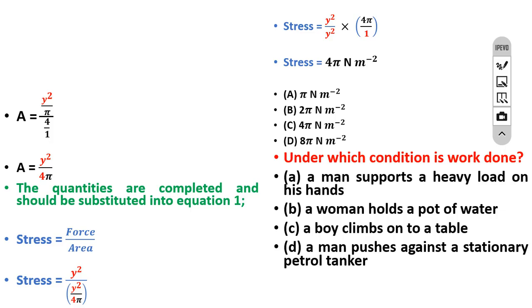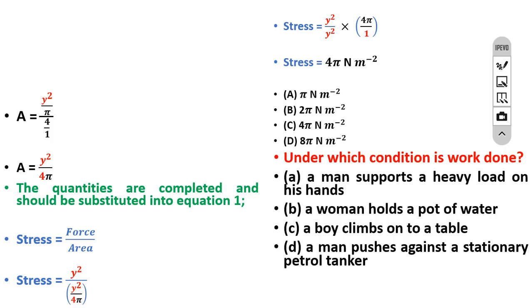A boy climbs on to a table. A boy climbing on a table, he has applied an amount of force, fine. And there is a change in displacement because he has ascended from where he was to the table.